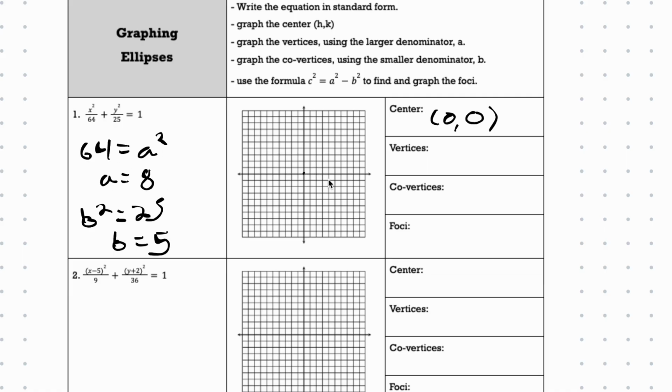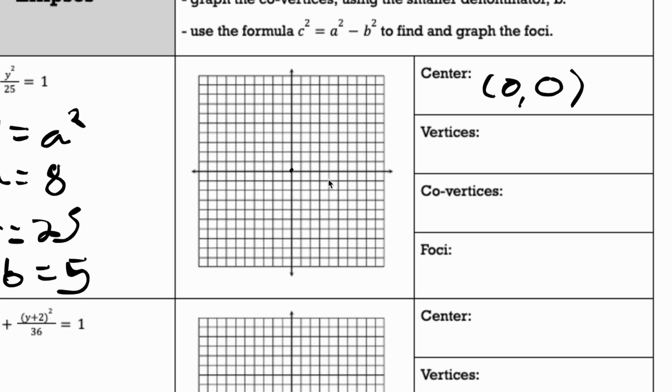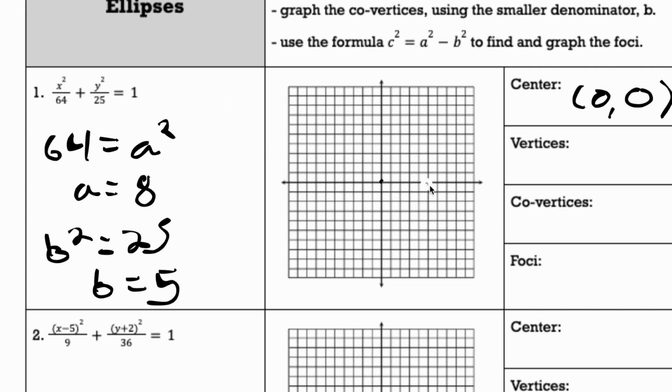So we're going to go 8 units in our x direction, both positive and negative. So 1, 2, 3, 4, 5, 6, 7, 8. I think that's 8.